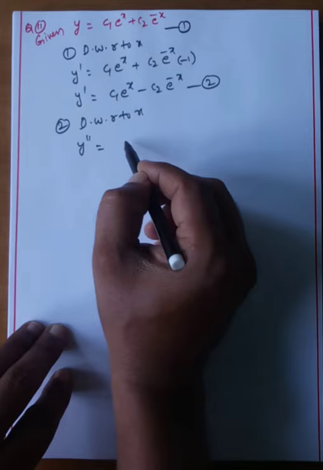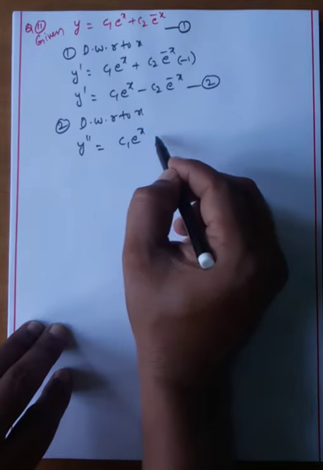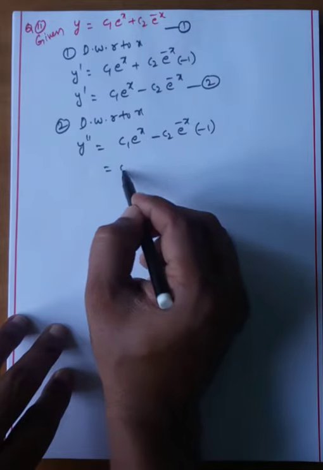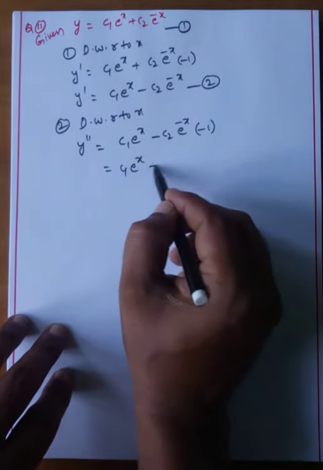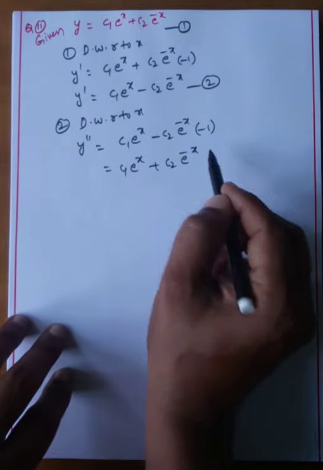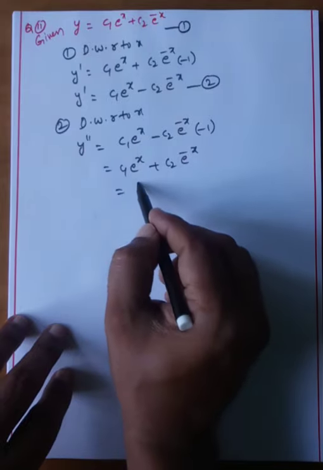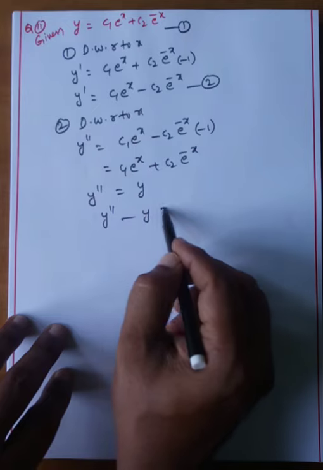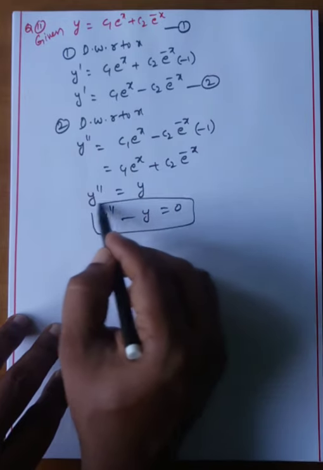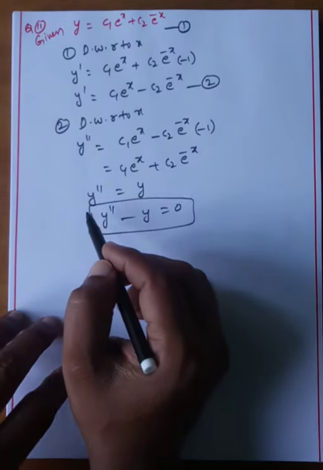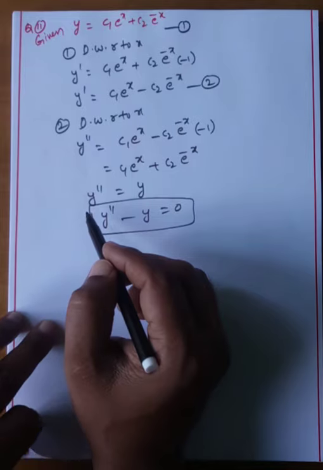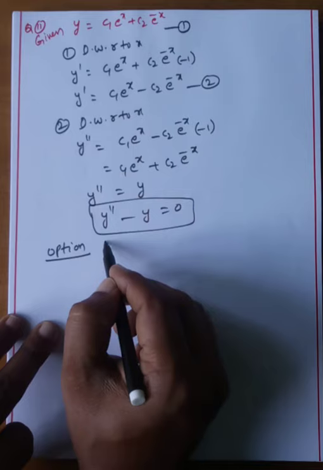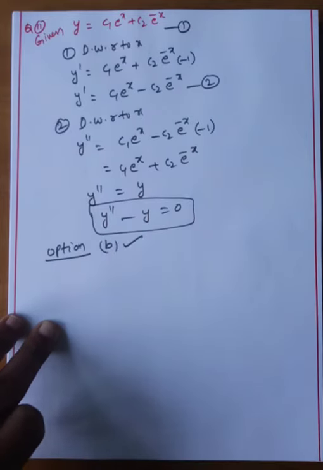Y double dash is equal to C1 e power x minus C2 e power minus x into minus 1, which is C1 e power x plus C2 e power minus x. This is 100% y. So y double dash minus y is equal to 0. What about the option? Y double dash minus y means option B is correct. Therefore option B is correct.